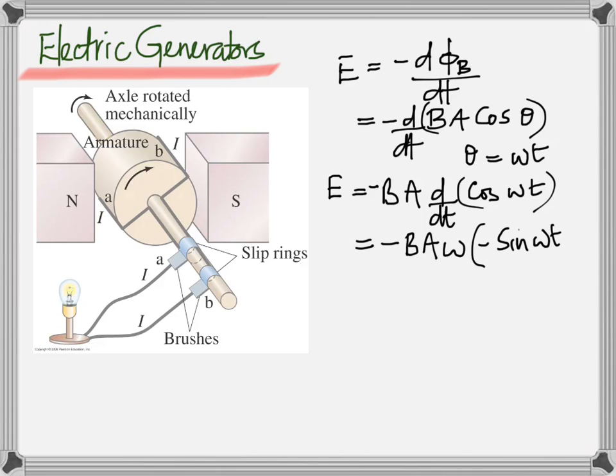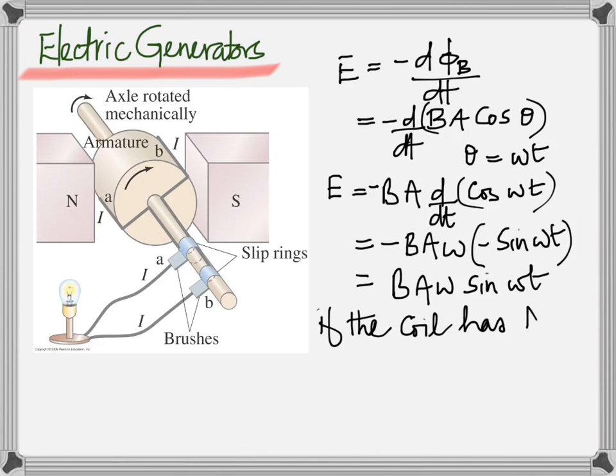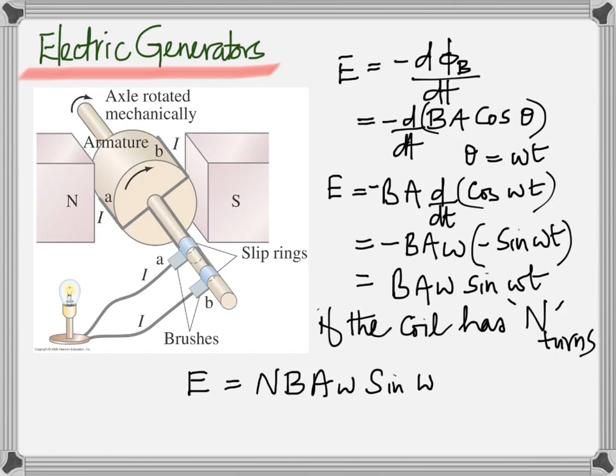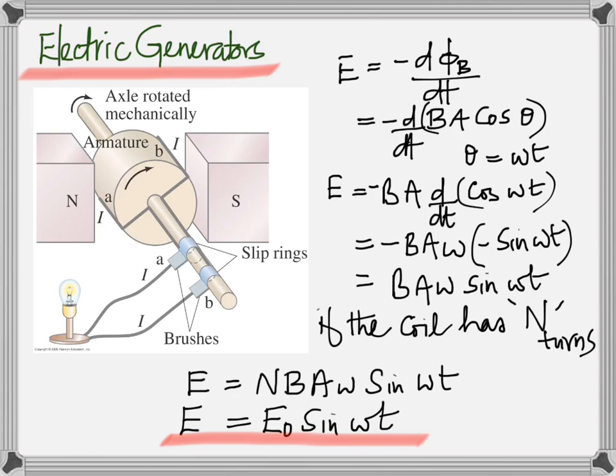Differential of cos omega t is negative, and so two negatives make a positive. You get BA omega sin omega t. If there are n turns, you multiply by n. That gives you this equation, and you see that nBA omega are all constants, and it's called E naught, which is called the maximum value of the EMF or the peak value.